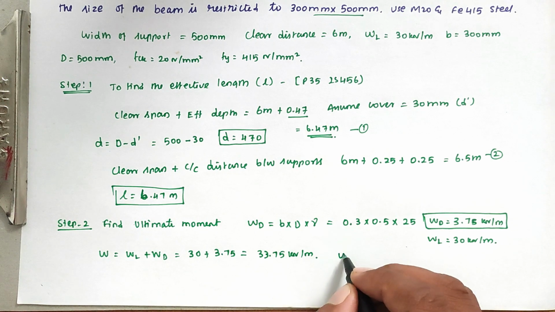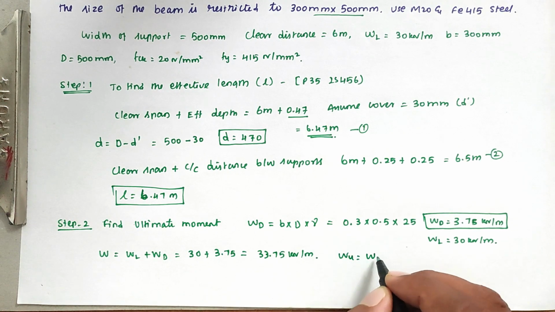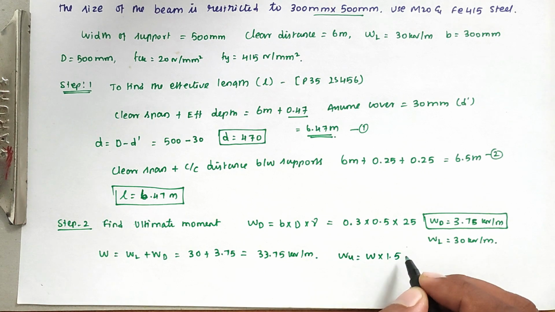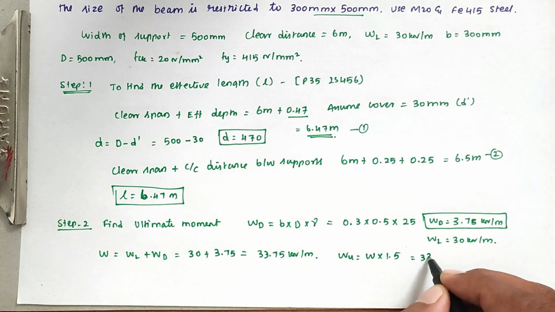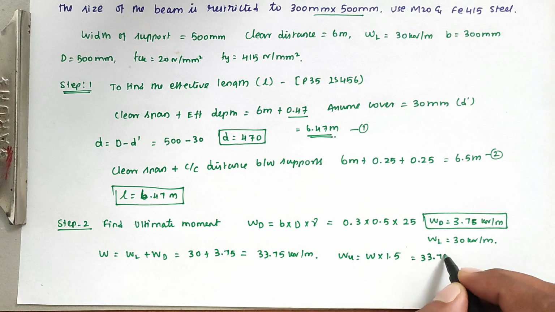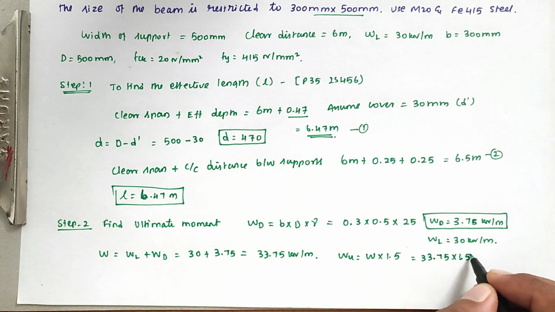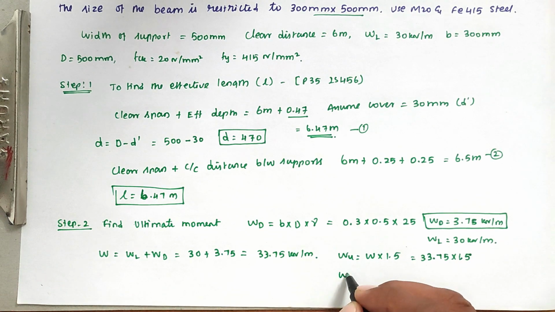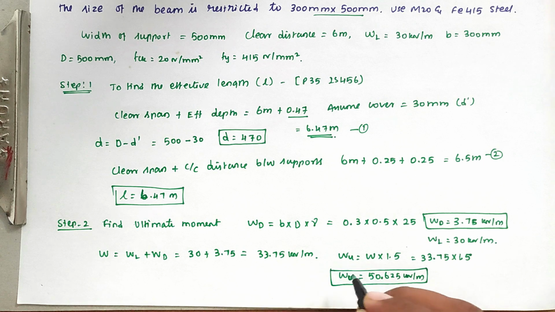Ultimate load WU equals W into 1.5, that is the factor of safety. So 33.75 into 1.5, and WU equals 50.625 kilonewton per meter. This is the ultimate load.